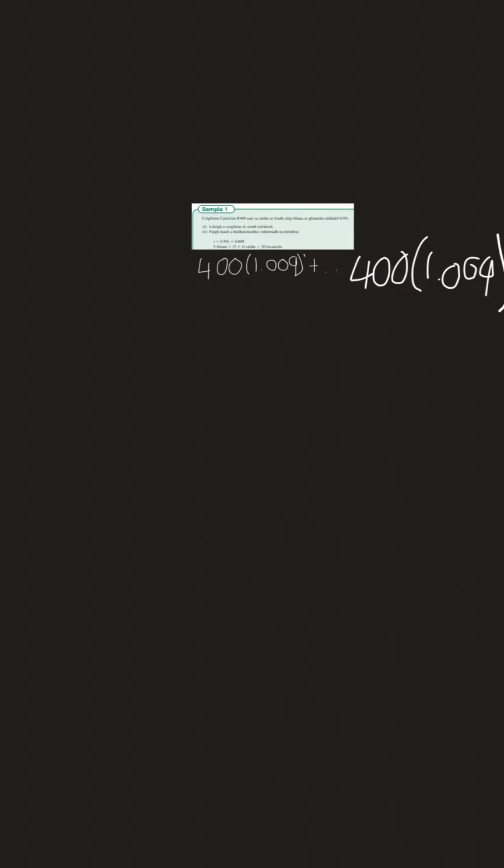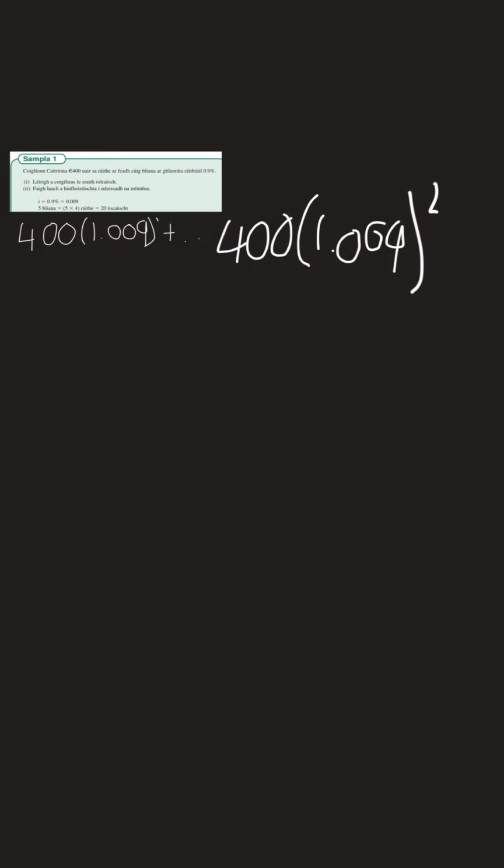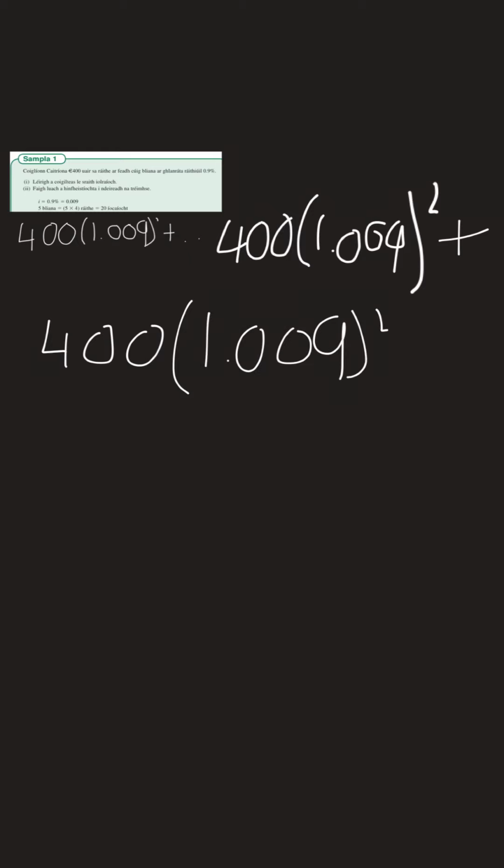Now I'm going to zoom out, and this will keep on going. It says 5 years, so there are 20 quarters in 5 years. So this will go up to the power 20. She's still adding 400 times 1.009 to the power 20. And what we've done is we've added the 20 different terms.